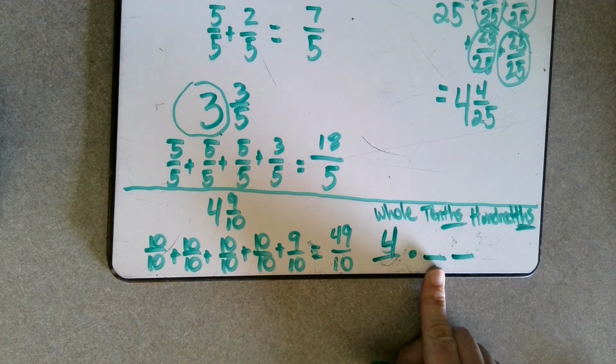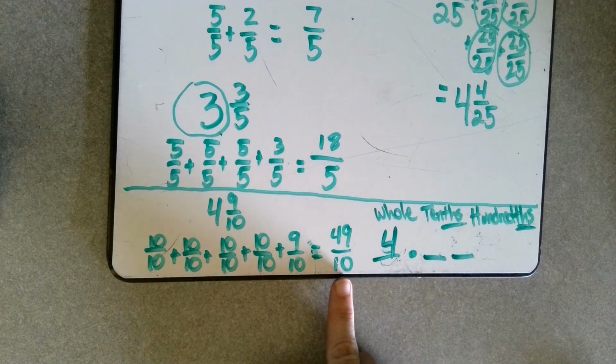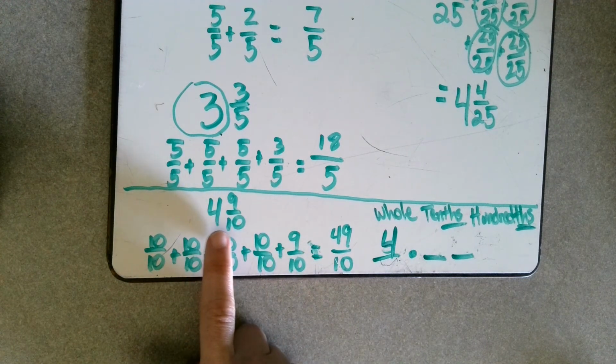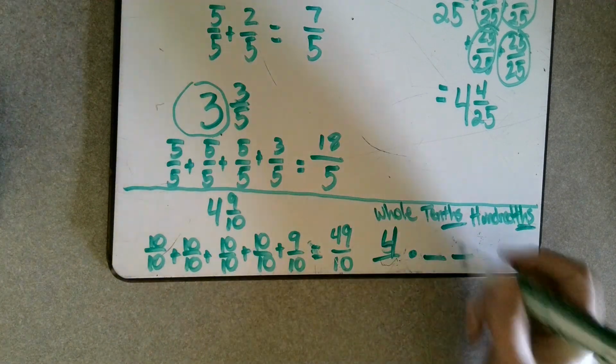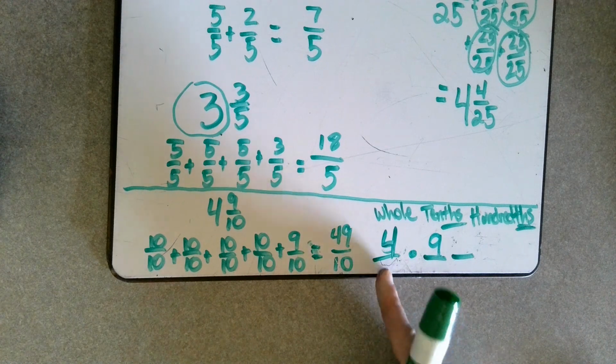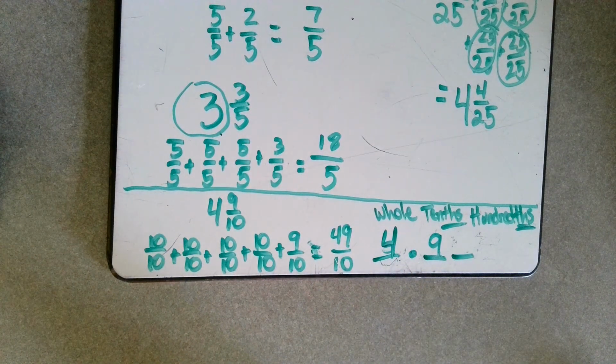So that's why, again, it's helpful to be able to go from an improper fraction or fraction greater than 1 back into a mixed number, because when I read it like this, oh, I have 4 wholes and then 9/10. Okay, I can put 9 into the tenths column. So I have 4 9/10, right?